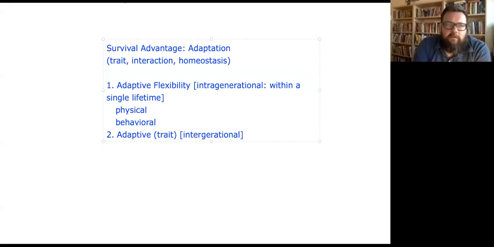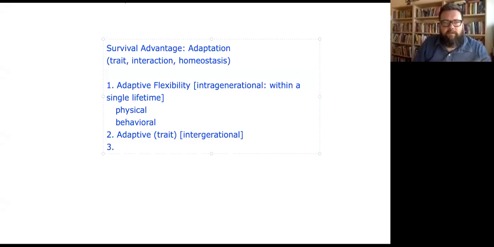Okay? So when we say that a species adapts, we're talking about over multiple generations that the species, for all of those random reasons that have to do with genes and mutations and gene flow, all of those things that happen over time as a species adapting. When we talk about an individual adjusting to its environment within its lifetime, that's adaptive flexibility.